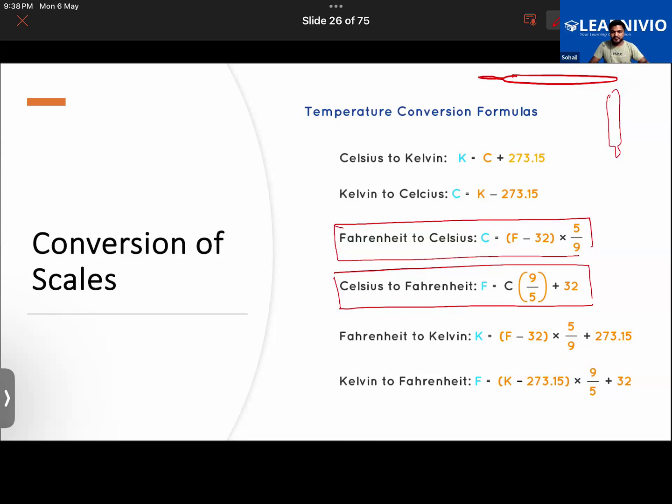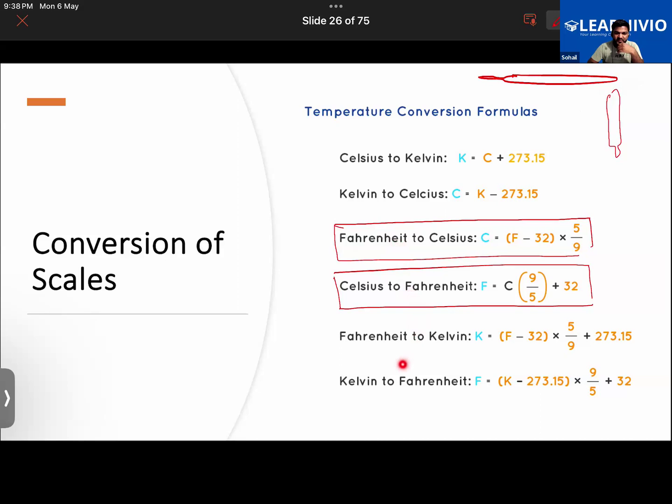Okay, so right now we are discussing a few basic things. In the previous class we already discussed how to convert from Celsius to Kelvin. Hope you have memorized that, and how to convert from Kelvin to Celsius. Today we would be learning how to convert from Celsius to Fahrenheit and from Fahrenheit to Celsius.